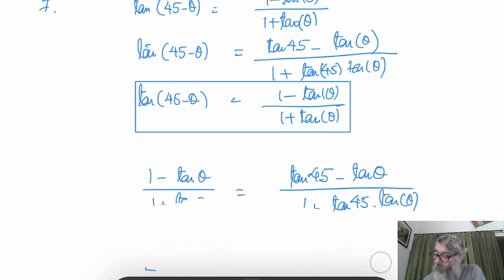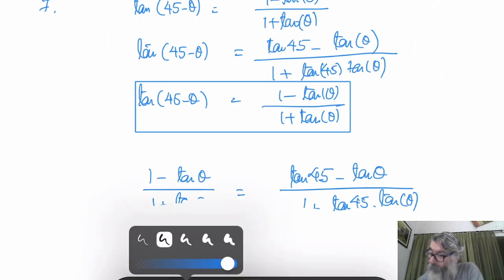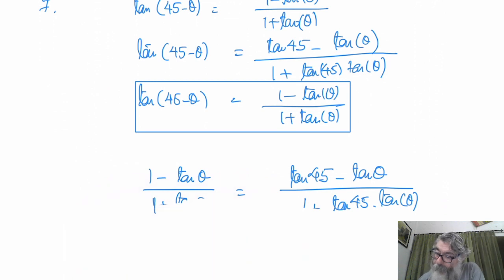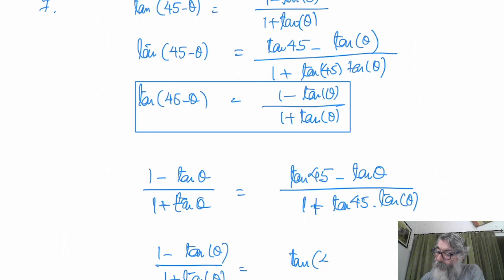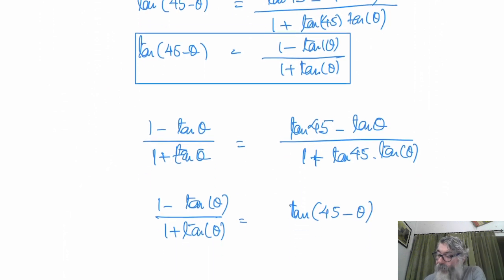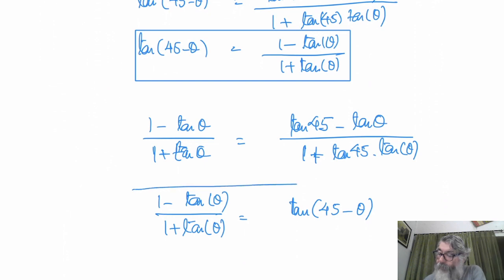I made a mistake. I'll write it again. Forgive me for that. 1 minus tan theta upon 1 plus tan theta can always be written as tan 45 minus theta. If I reverse, as I said, I can write it to be tan 45 plus theta.